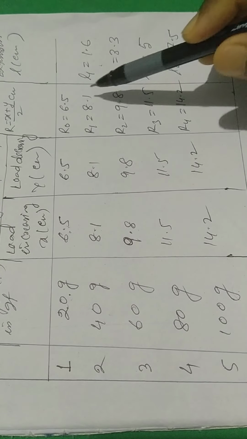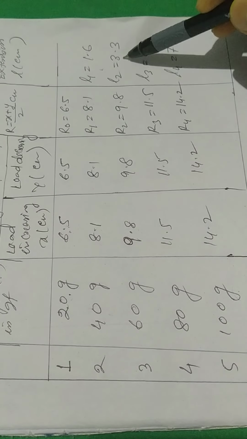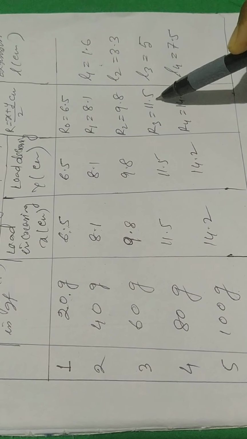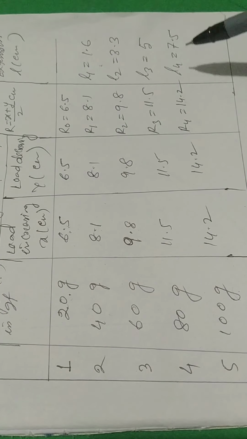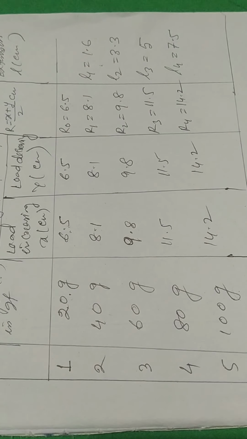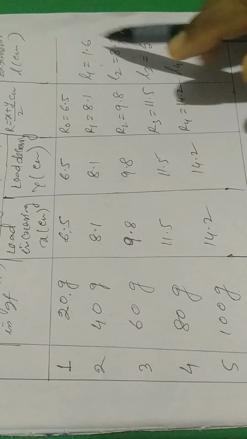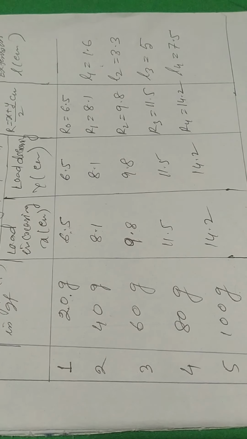Again subtract 6.5 from 9.8, then 3.3. Again 11.5 minus 6.5 is 5. 14.2 minus 6.5 is 7.5. So these are the values of extension corresponding to the weights 40, 60, 80, 100. We have to plot these values on the graph paper.